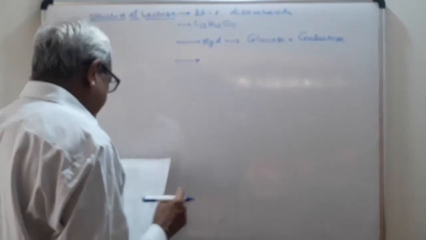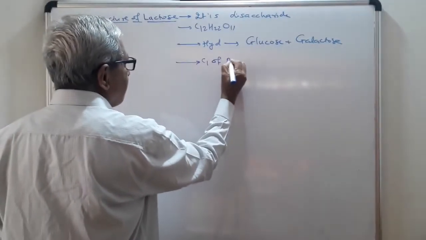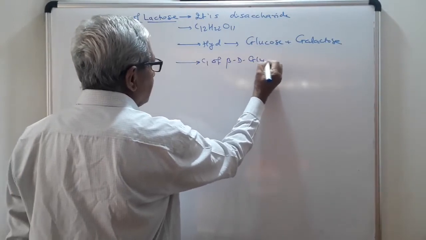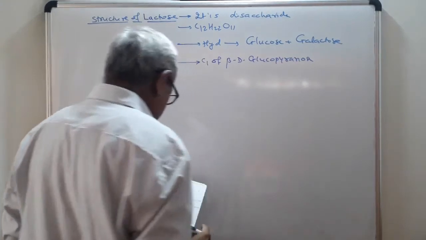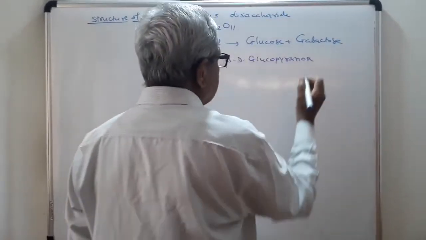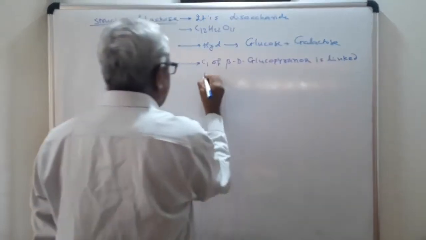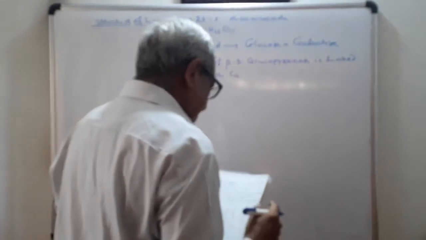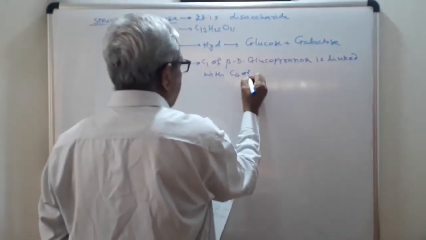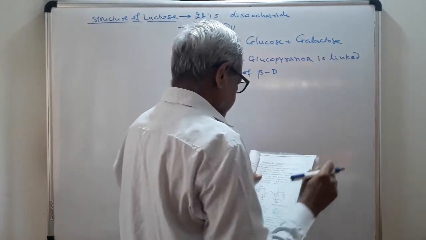C1 of beta D glucopyranose is linked with C4 of beta D glucopyranose.